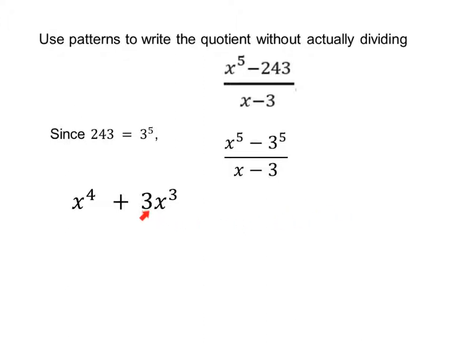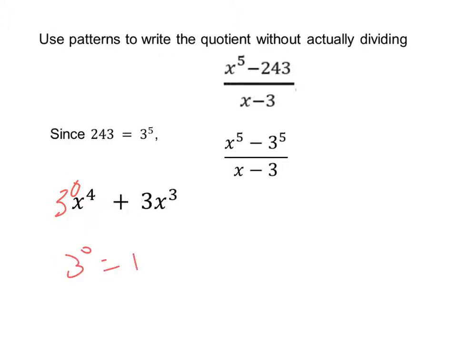But hold on, there's a 3 here, which is coming from 3 to the power of 1. So there was 3 to the power of 0 here at first. If you like, I can put 3 to the power of 0 here, which is actually 1, because anything to the power of 0 is 1.